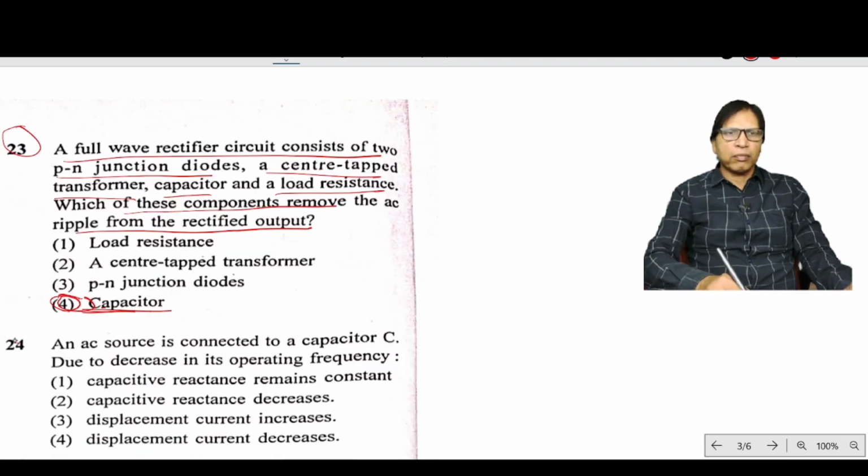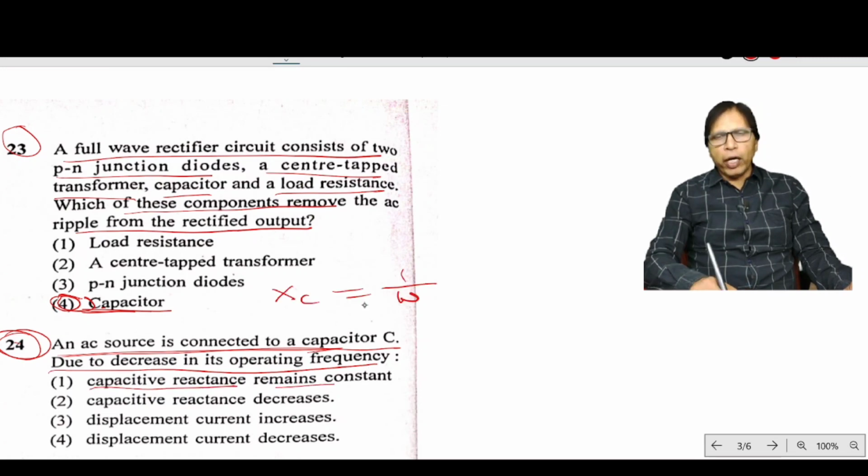Now question number 24. An AC source is connected to a capacitor C. Due to a decrease in its operating frequency, the capacitive reactance remains constant? The capacitive reactance Xc equals 1 by omega C. When frequency decreases, the capacitive reactance increases.